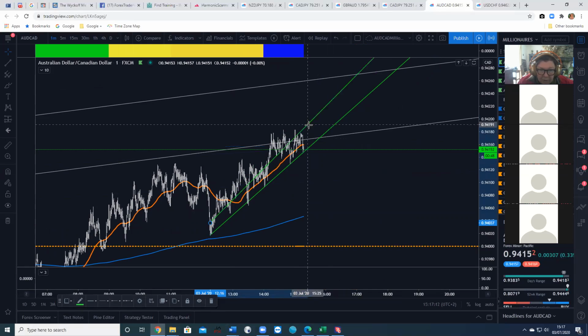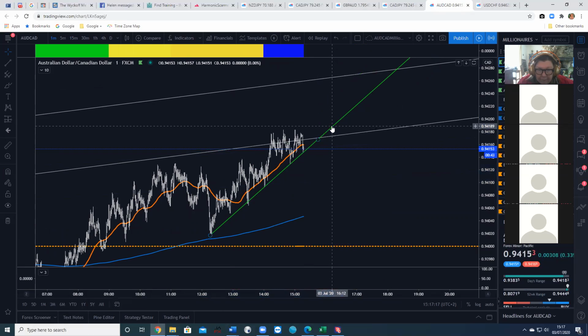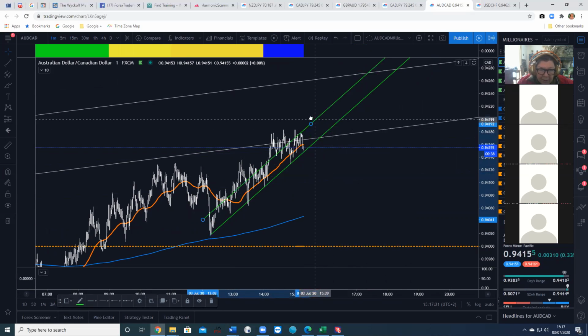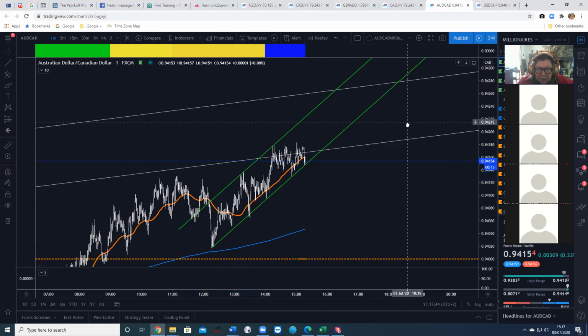I know Sam likes to do that. Clone it so you've got the same angle, and you could look at it. You could look at trading the channel if you're, as I said, she loves trading the channel. So it's gone, didn't quite hit there. It's gone hit there, didn't quite hit there. So you could follow that up, see how that works out.